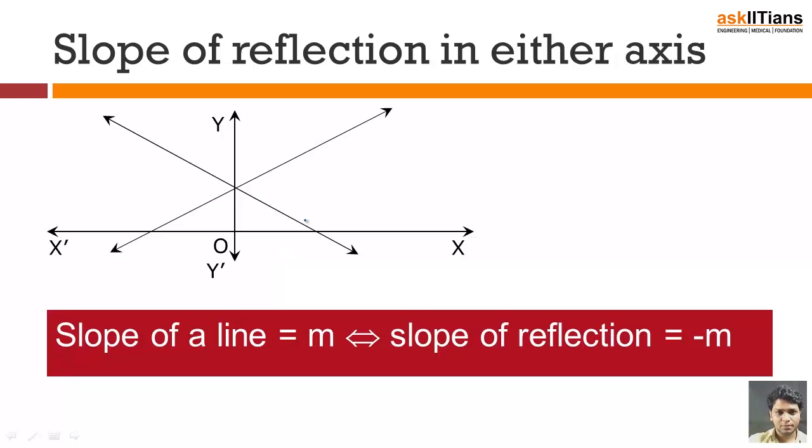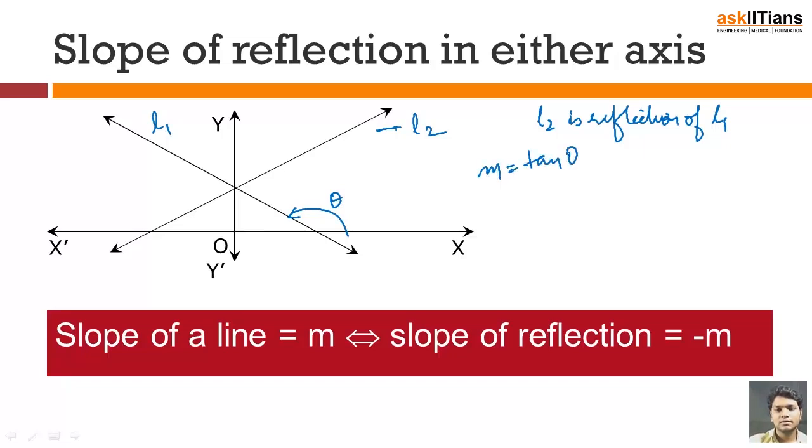Suppose this is the line L1 and this is the line L2, and L2 is the reflection of L1. Okay. So if L2 is the reflection of L1 and L1 is given to us, this is the theta which will come for the tan. So suppose m is tan of theta.